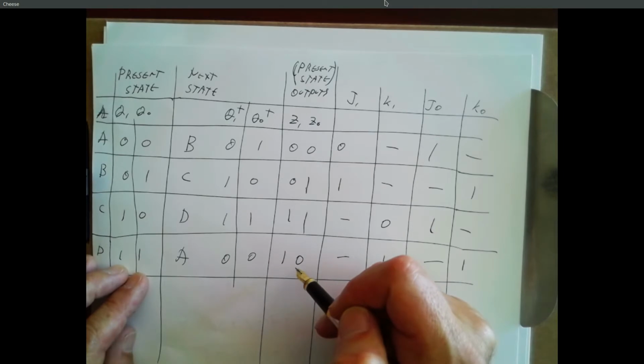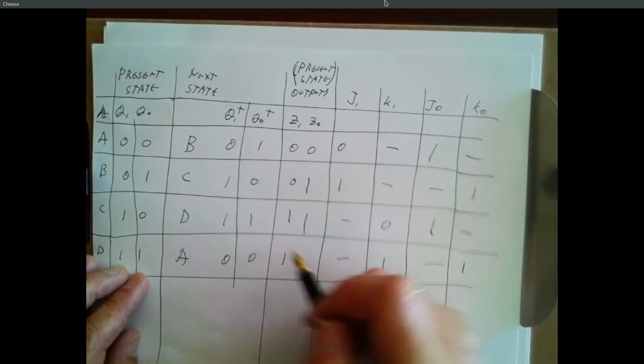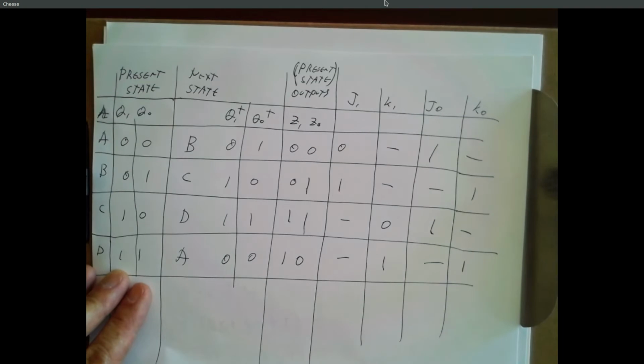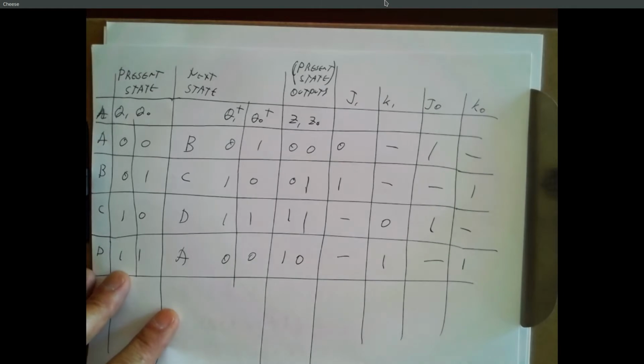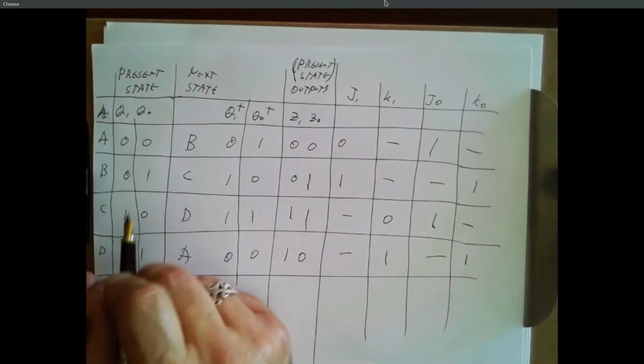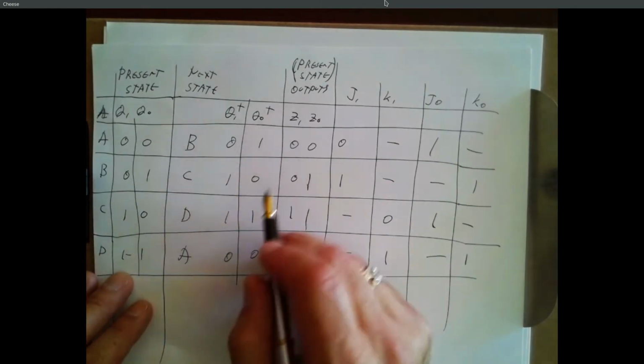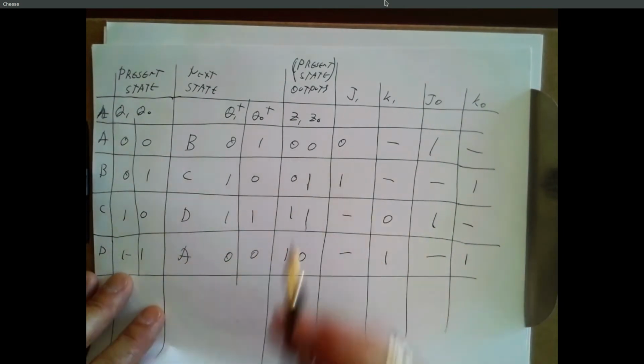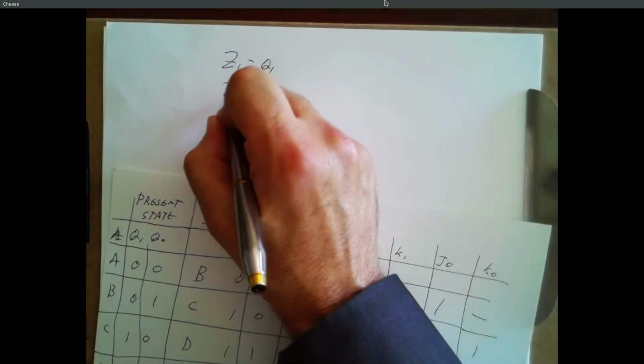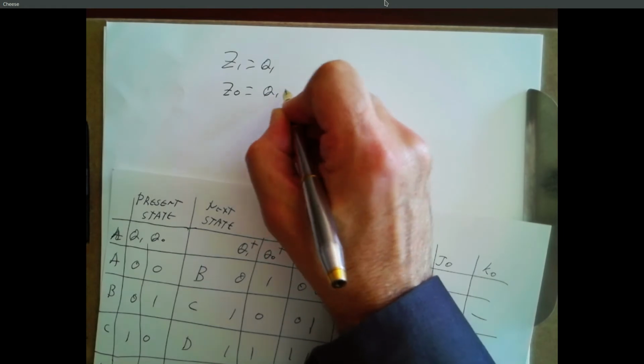What is that expression for Z0 in terms of Q1, Q0? That's an XOR, right? So if either one of these is 1 but not both, then we want Z0 to be true. So Z0 is an XOR.